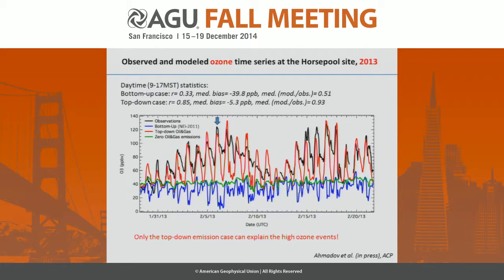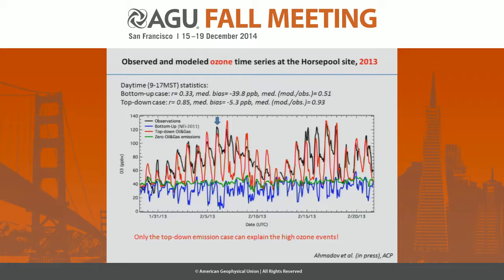And there are nighttime biases. This is not due to chemistry or emissions. I will show on the next slide. It's due to the strong drainage flows near surface. There's also another model case here, where again I removed all the oil and gas emissions, in green.